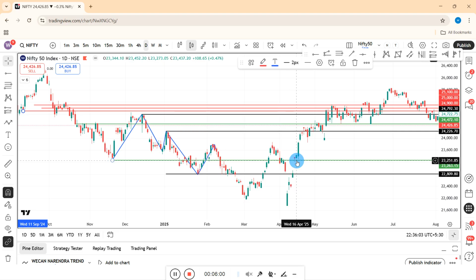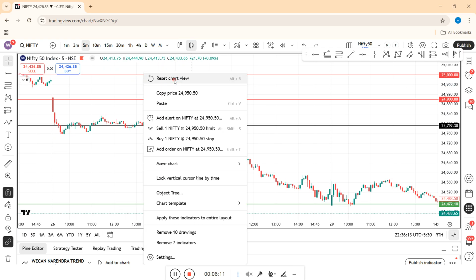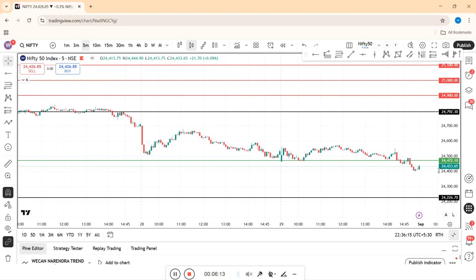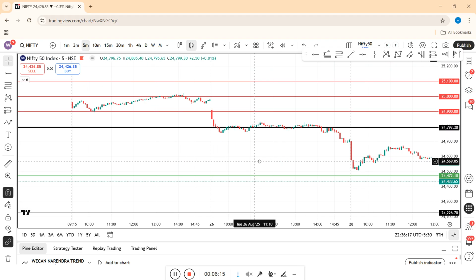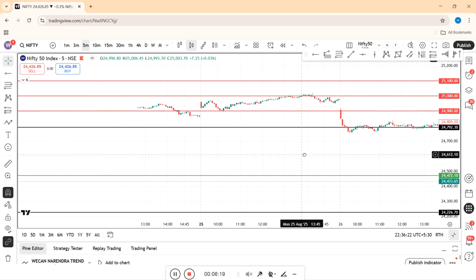So as per our teachings, we have drawn all three methods on the chart on the higher time frame. Then move into the lower time frame, either 3 minutes or 5 minutes, and see these levels get respected. The price gets respected on these levels.